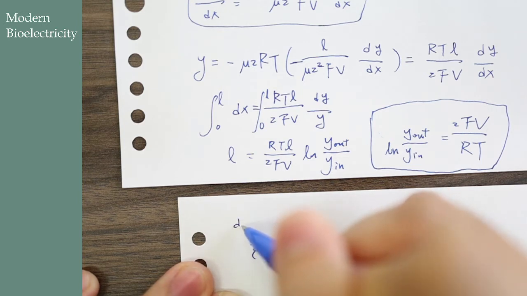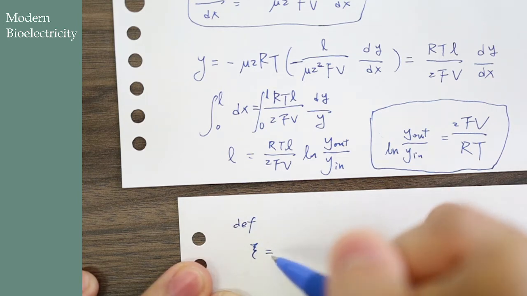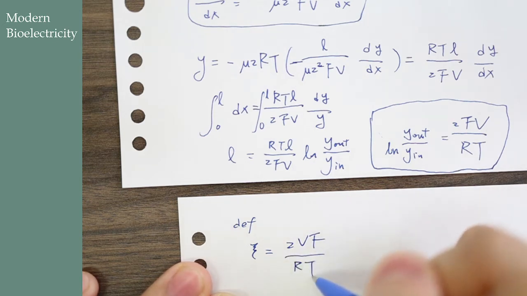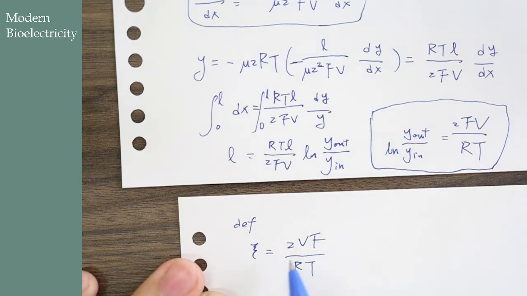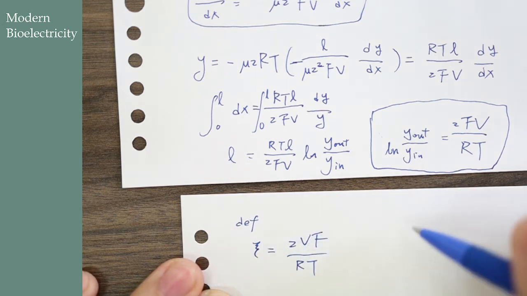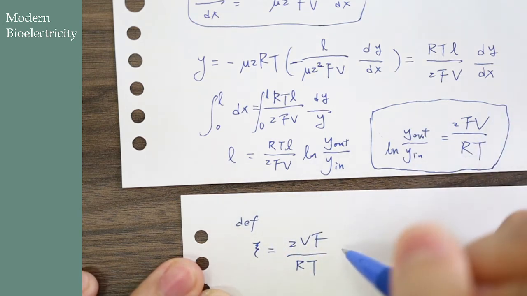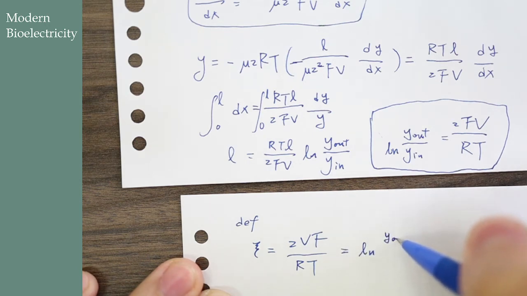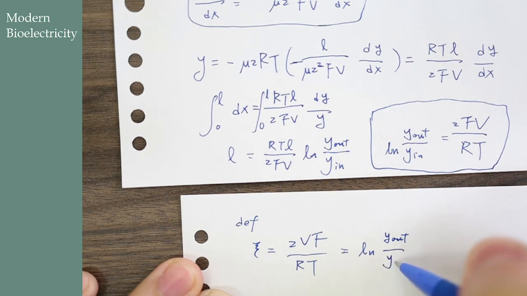We define C equals ZVF over RT. So we just make this simple. This is also equal to log of Y out divided by Y in, right?